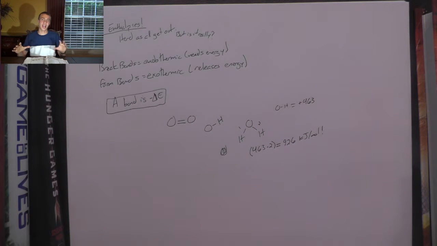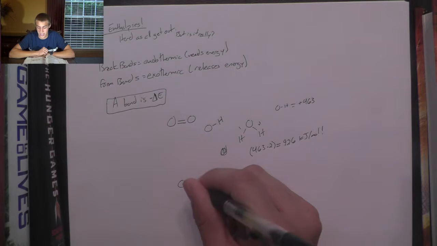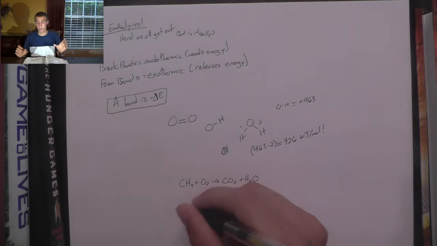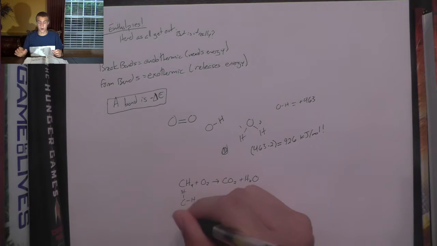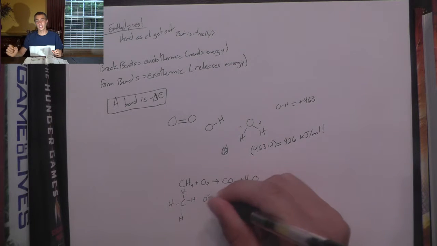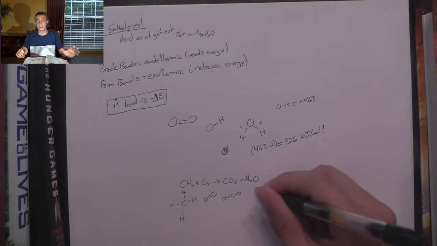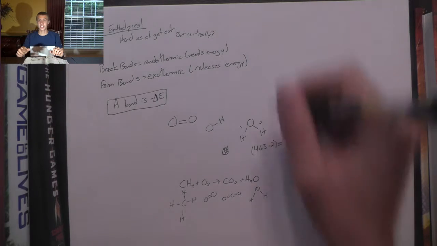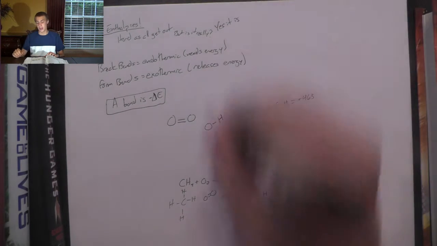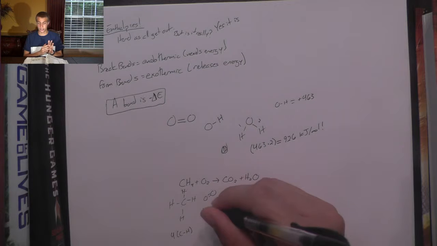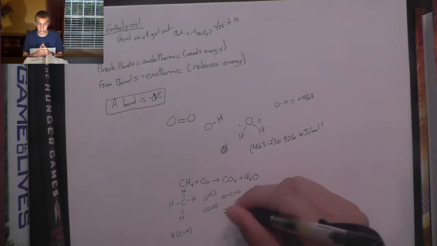Instead of looking at the reaction of methane plus oxygen to carbon dioxide and H2O as CH4 plus O2 becomes CO2 plus H2O, we can look at it as CH4 plus O2 becoming C plus 4H plus 2 O's, which will then become, of course, your CO2 plus 2H2O.